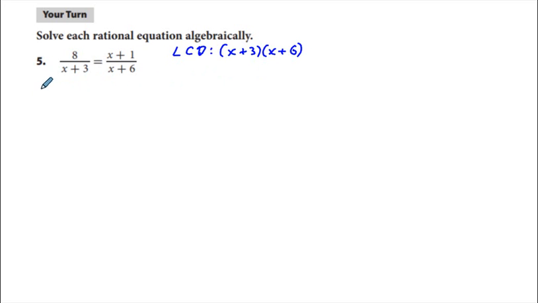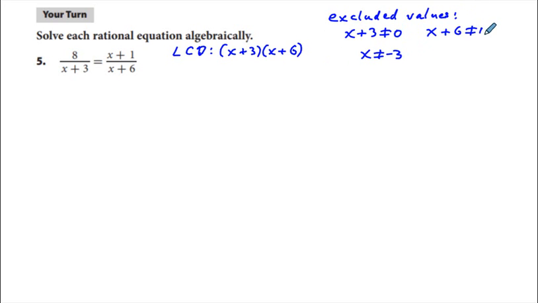That's where we talk about excluded values. Since x plus 3 cannot equal 0, x cannot equal -3, and since x plus 6 cannot equal 0, x cannot equal -6.